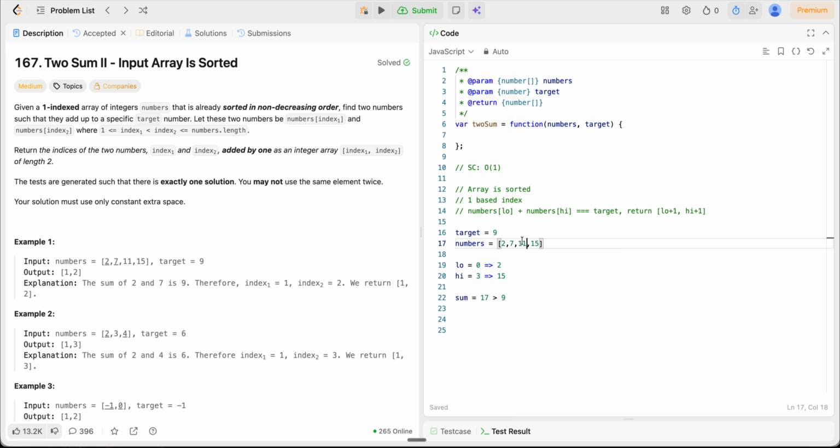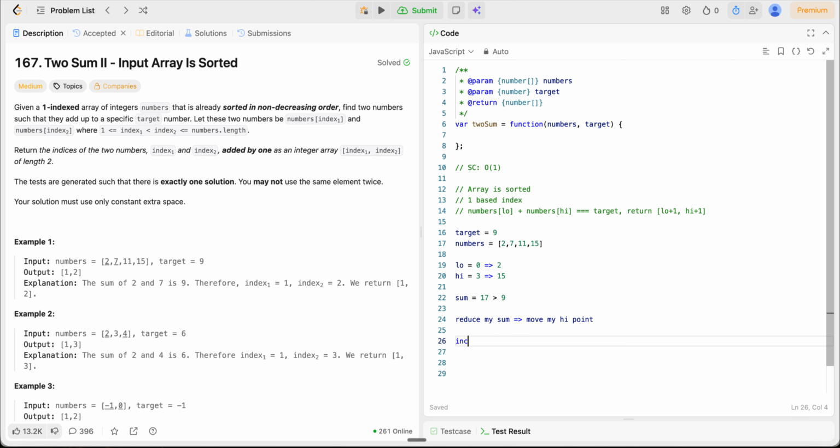The number decreases. If the number decreases, sum will decrease. If sum decreases, we will become close to the target. So if I have to reduce my sum, what I have to do? Move my high pointer so that it will balance or come closer to the target.